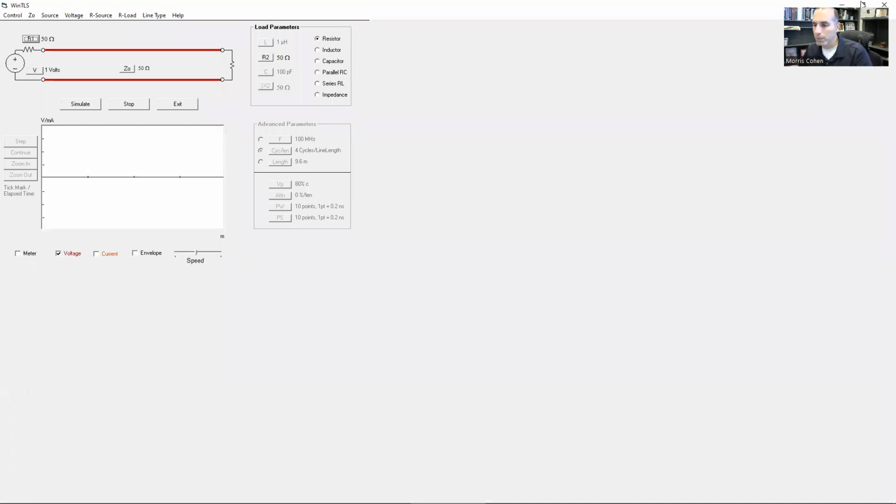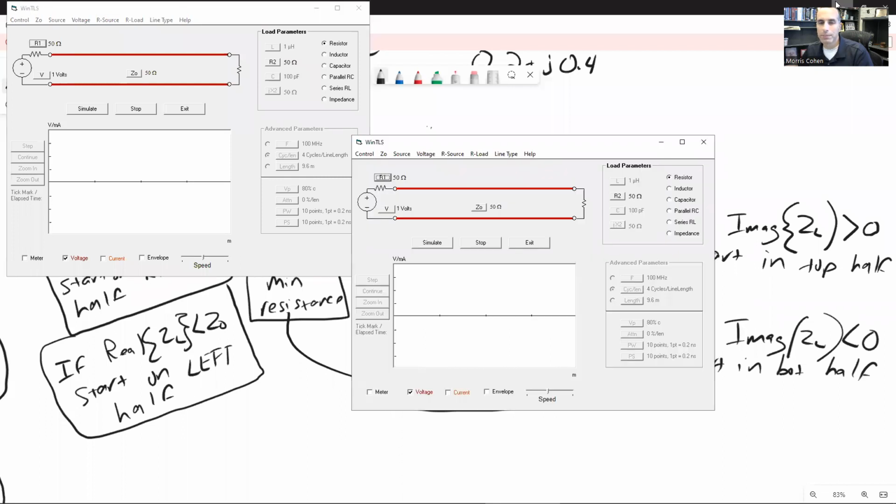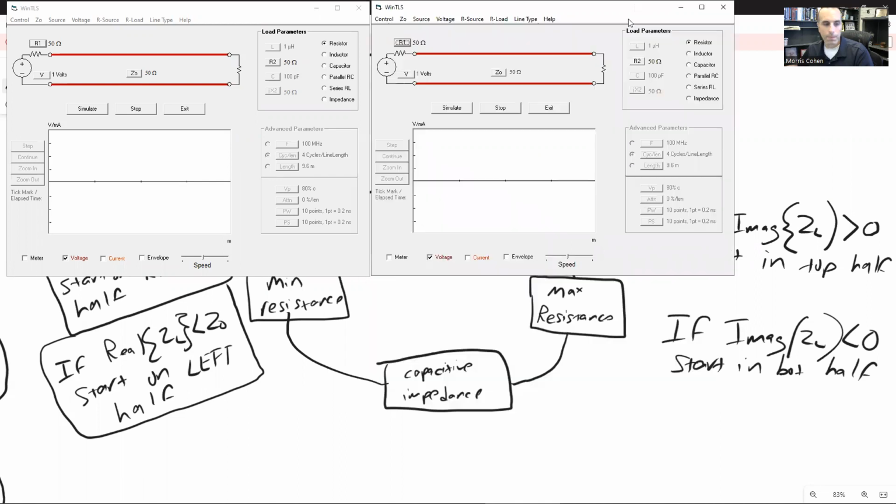I'm actually going to open not one, but two copies of WinTLS side by side. In both of these, I'm going to set the source to be a sine wave, and the load I'm going to set to be impedance. That lets us arbitrarily fix what the load impedance is.